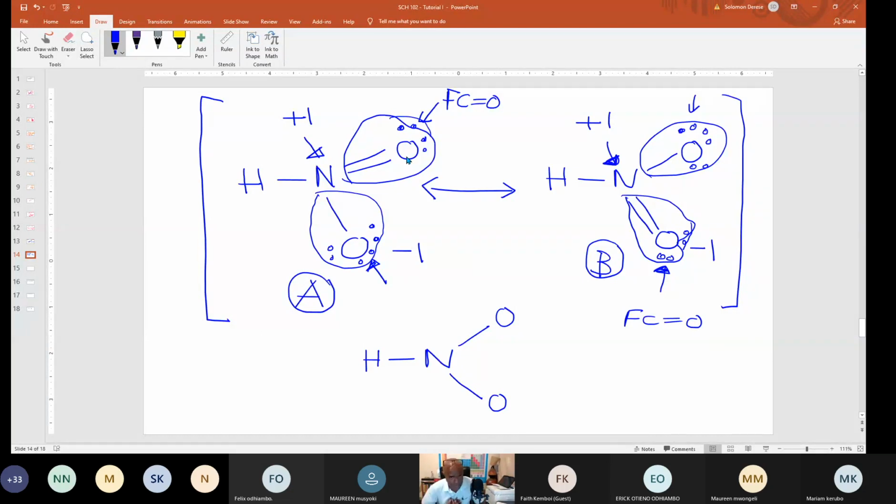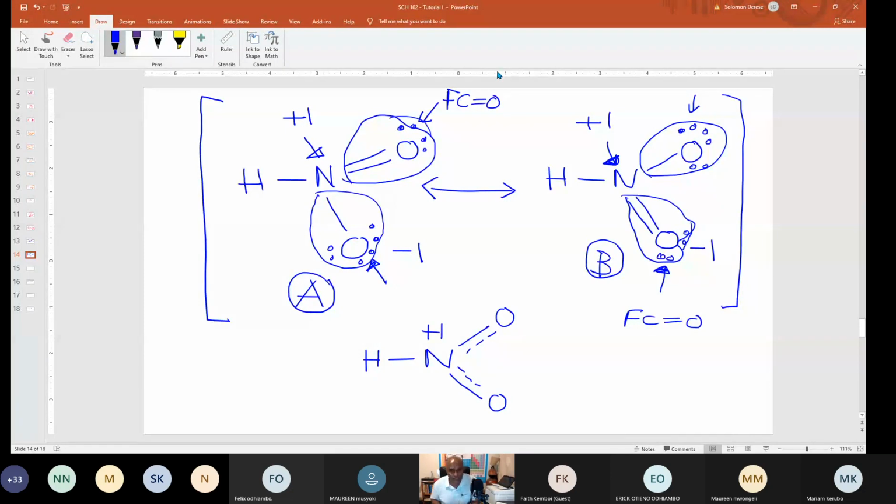Now, to show that, you use a dashed bond like this. So we are saying this nitrogen-oxygen bond is neither a double bond nor a single bond, but intermediate between a double bond and a single bond. But what is also constant in both cases, the nitrogen is positively charged. So this +1 you put.